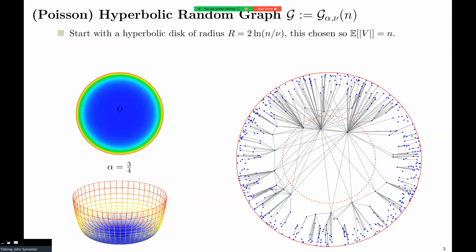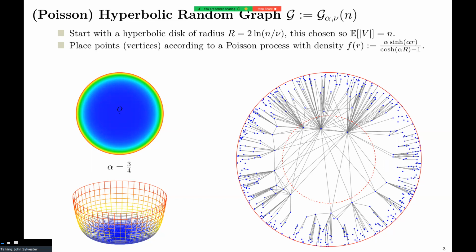Okay, so what is the model? It's got two parameters, alpha and nu, which are tunable. Alpha is very important, nu not so much. So we start with a hyperbolic disk of radius R, in the native model of the hyperbolic plane, and we place points in it randomly according to a Poisson process with this density.